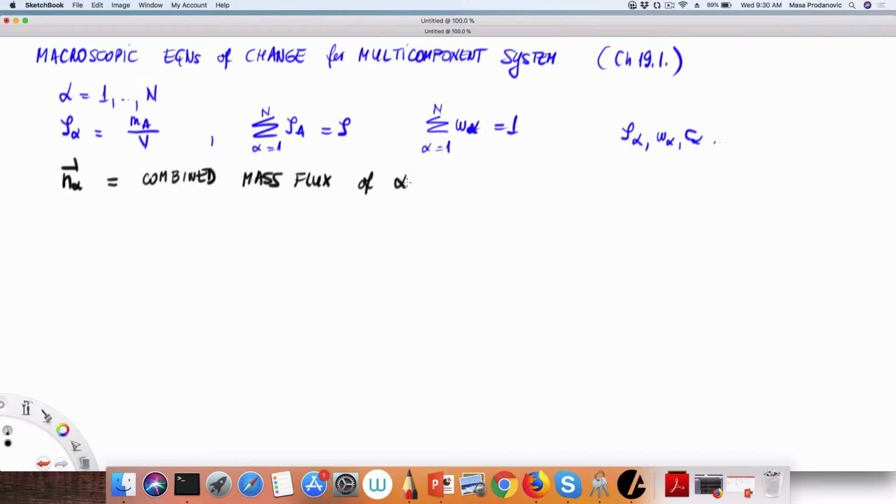And then there's also x alpha, which is the normalized molar fraction.